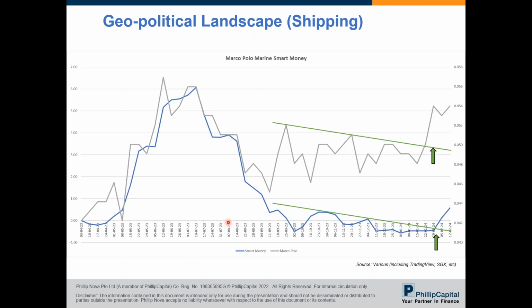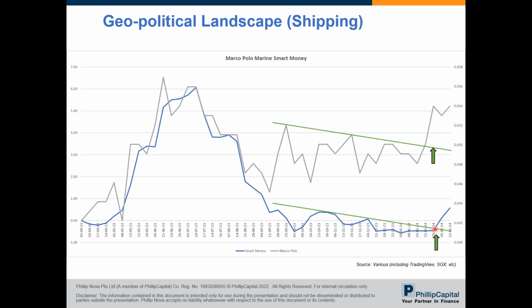Okay, so this is the smart money chart for Marco Polo Marine. The ticker is 5LY. We can see that after an initial spike from July last year, until about just recently, early Feb, the smart money had been selling this stock, Marco Polo.